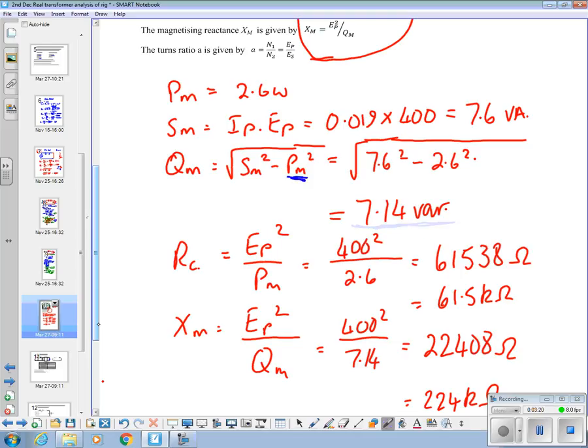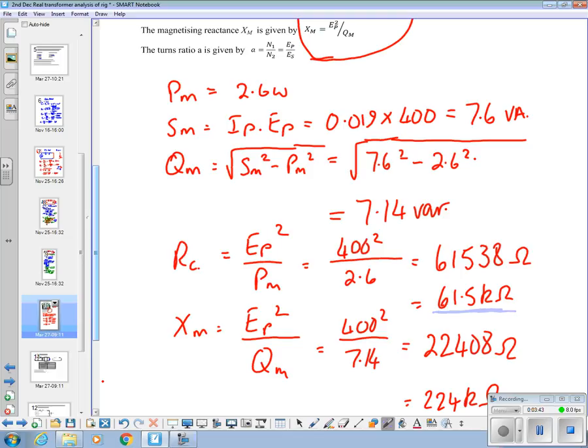Use the voltage squared and the power to find a value for the parallel resistor that is the core loss, the iron losses in the core, 61.5 kiloohms. To 3 significant figures, it's plenty accurate enough.